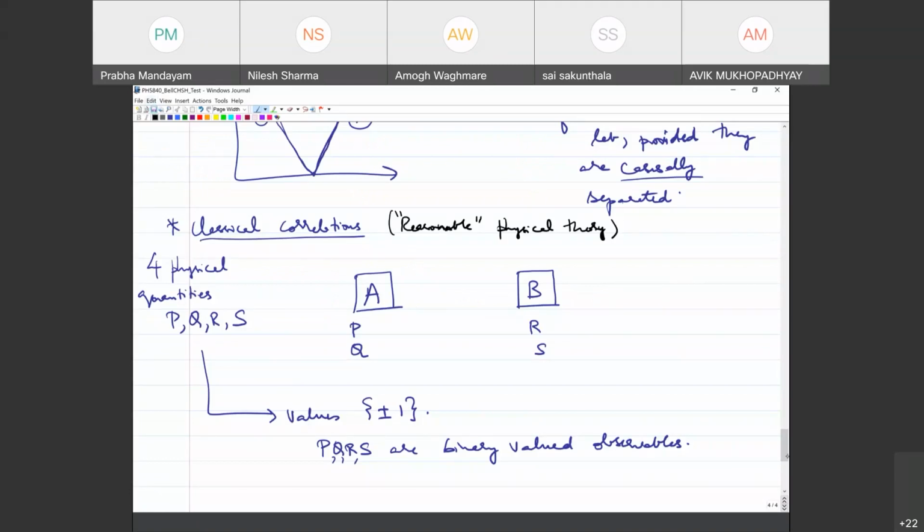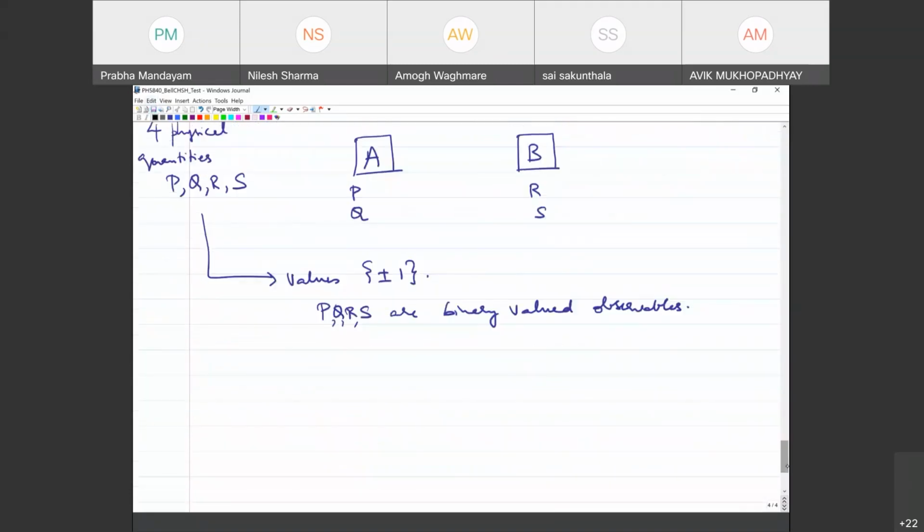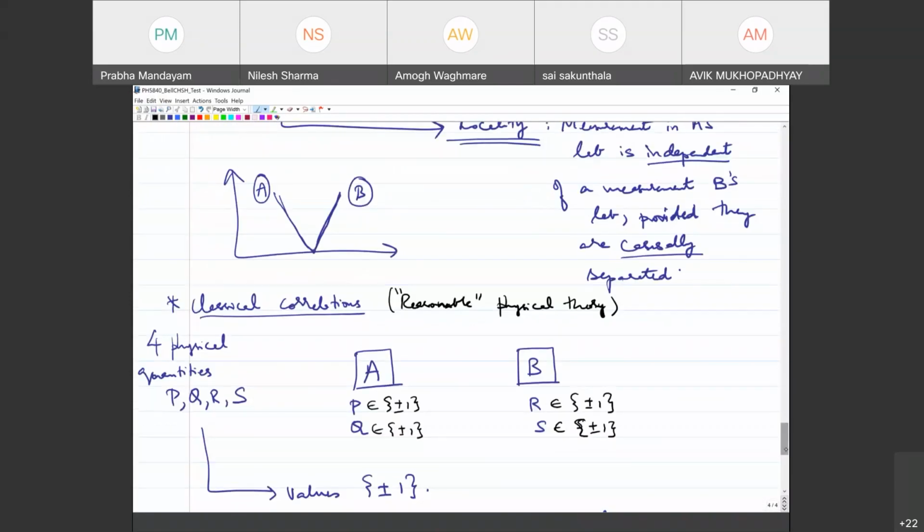If these are binary valued observables, then each of them can take values plus or minus 1, and I've distributed them between A and B's labs. Now, this is actually a probabilistic theory. We are even allowing for it to be a probabilistic theory.